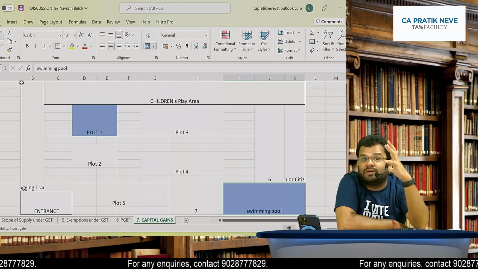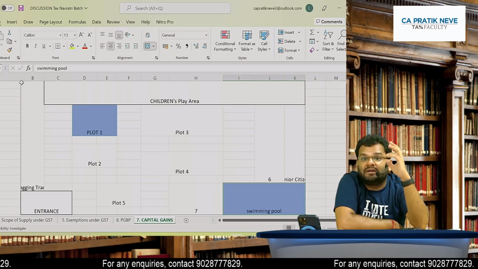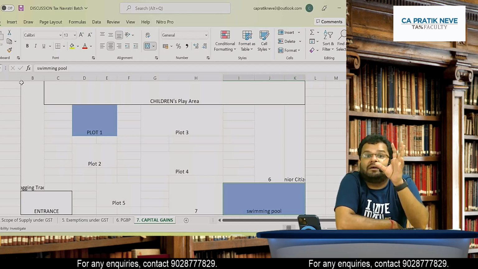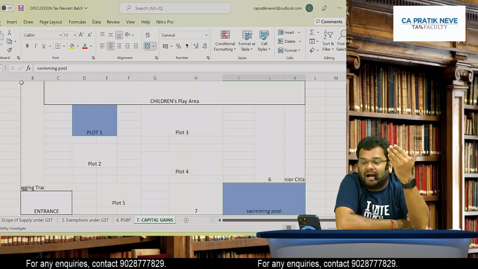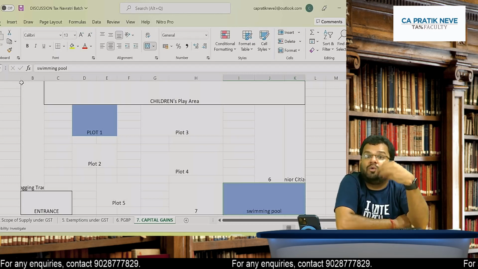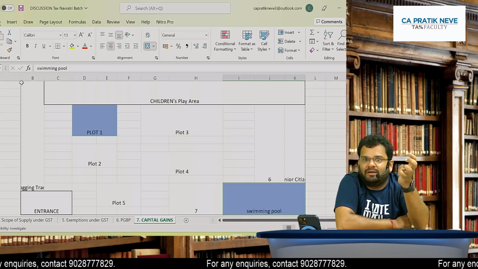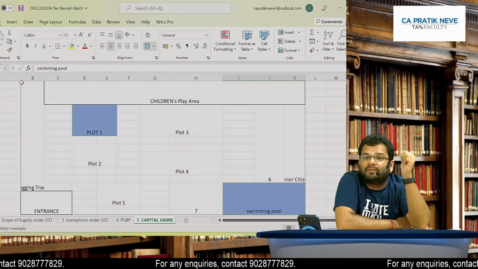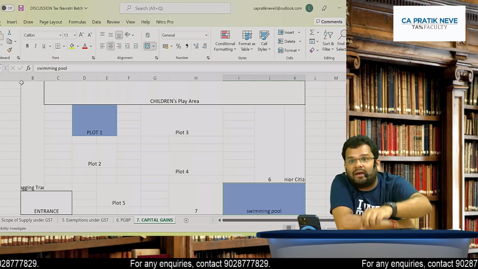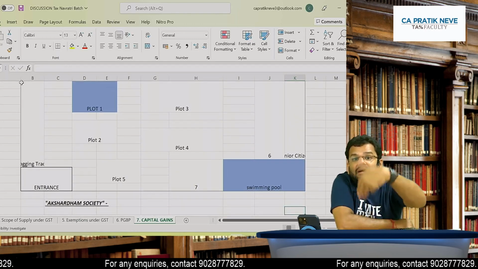I have seen students making some silly mistakes. If I told you that in financial year 18-19 I spent some amount for development of this land, it's not your cost of improvement, it is your business expense. Why? Because that expense was done after conversion.